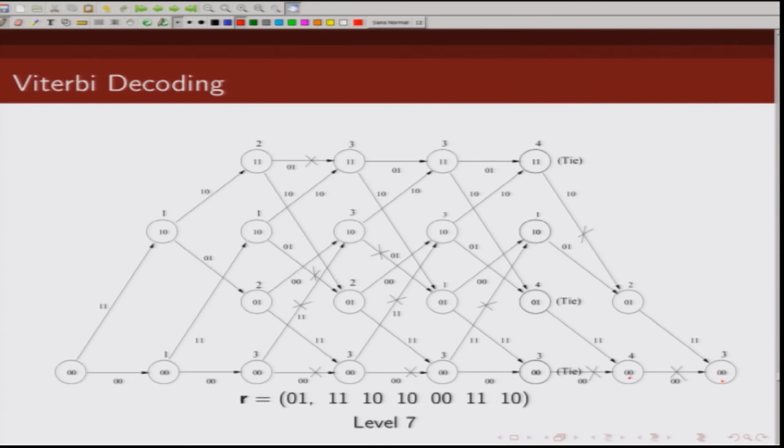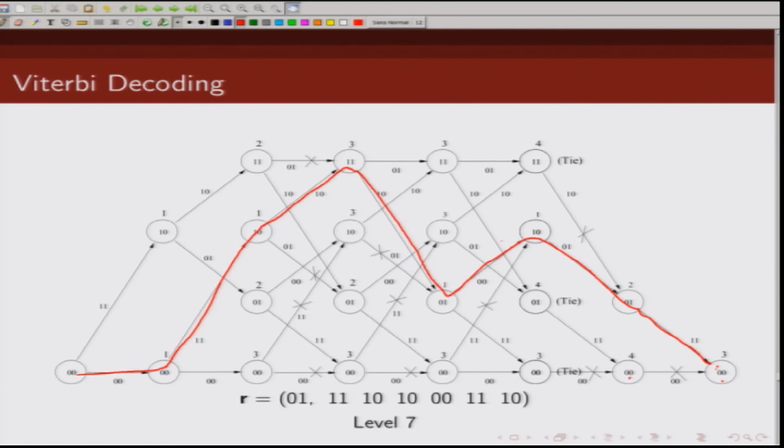When we reach this all zeros final state, there is only one surviving path, and if we track back, it is this path, this path, this path, and so on. So, there is one surviving path that you will get.